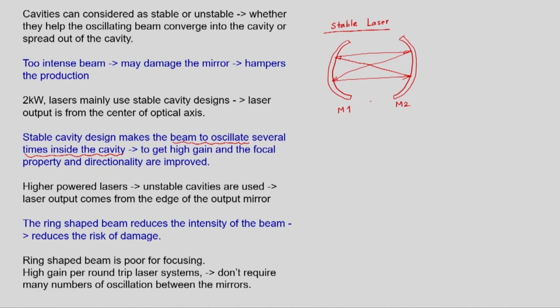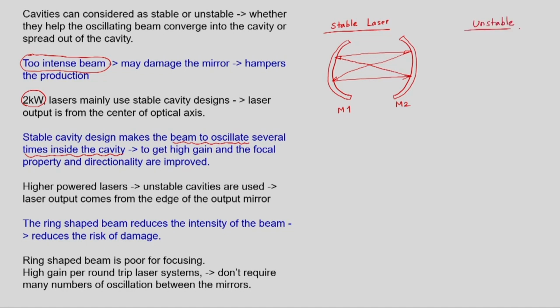But during this continuous oscillation, there may be chances of damage to the mirror if the beam is too intense. This happens when we use laser power of more than 2 kilowatt. So, in this kind of scenario, we use the unstable mode of laser operation.